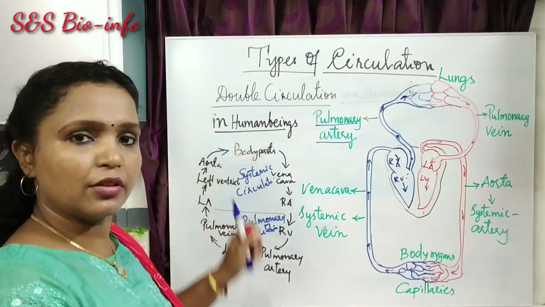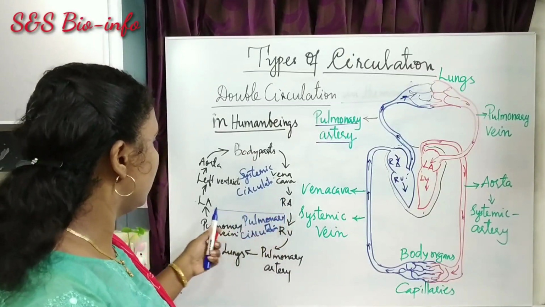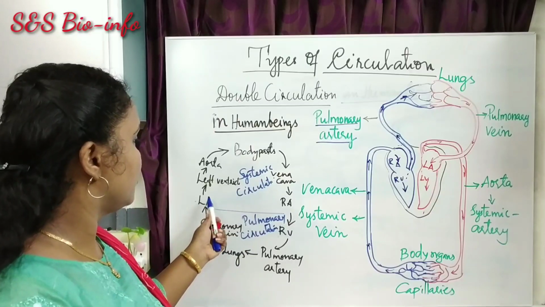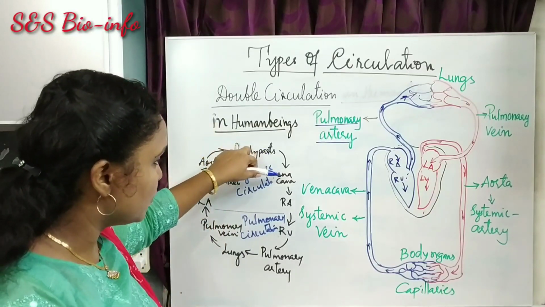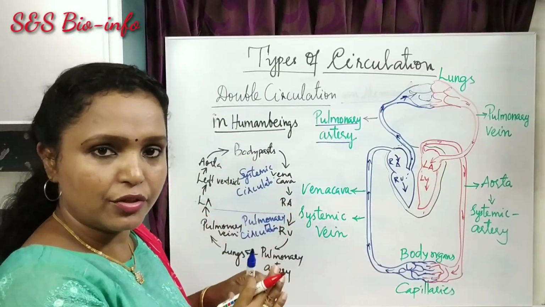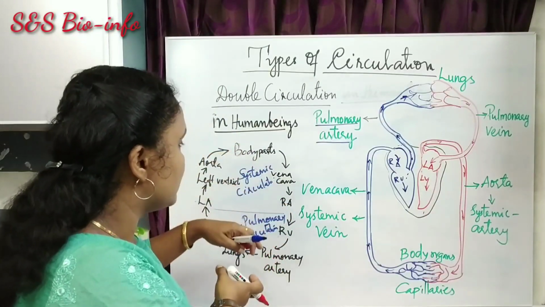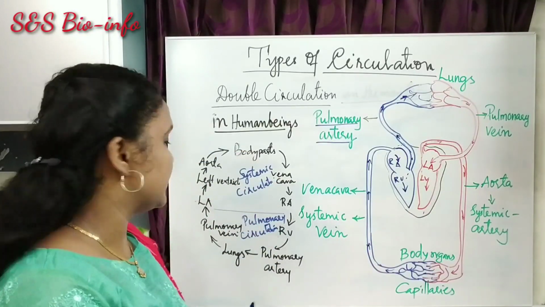So the rest of the circulatory pathway is called systemic circulation. So from where to where? Left atrium to the left ventricle, aorta, body parts, vena cava and right atrium. That phase is called the systemic circulation. So these are the two phases involved in double circulation in human beings.